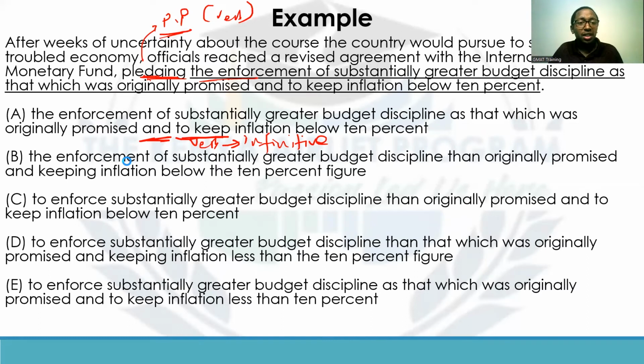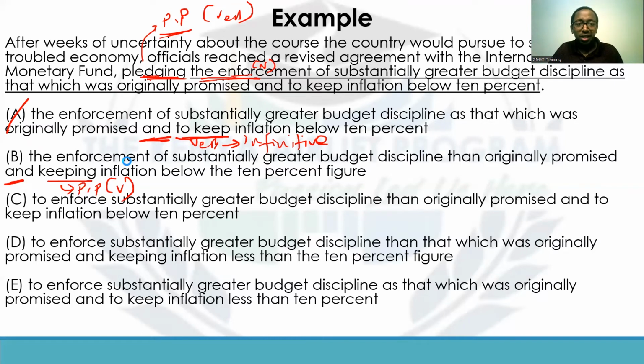And even if you consider that this list is starting here, they pledged the enforcement and to keep inflation below. The enforcement is a noun, so that definitely is not in parallel, so we can eliminate A. And then B, you have and, then you have keeping, which is a verb.